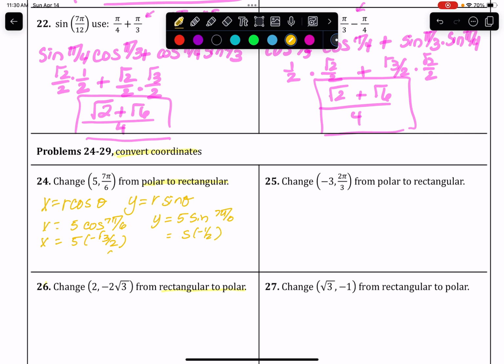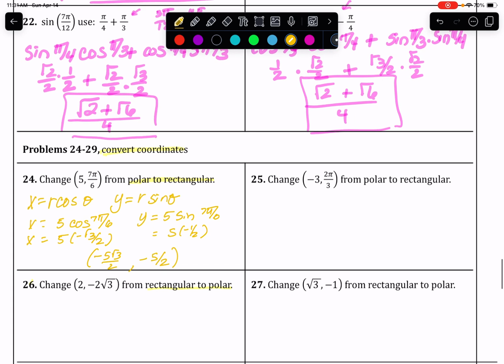So you're left with the rectangular coordinates of negative 5 square root of 3 over 2, and then negative 5 halves. Okay, and that's quadrant 3, and you know that should be both x and y negative.